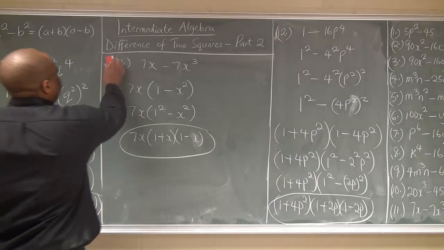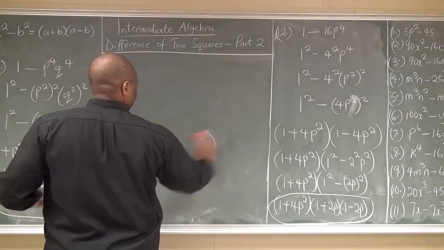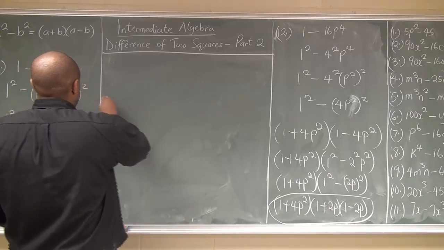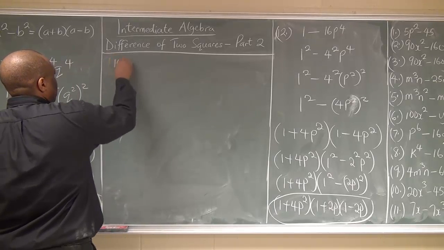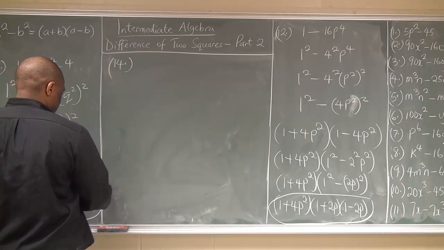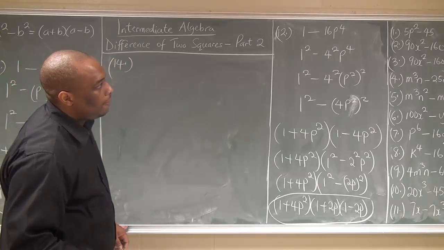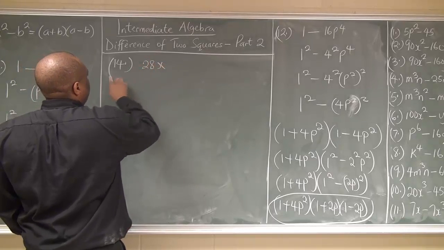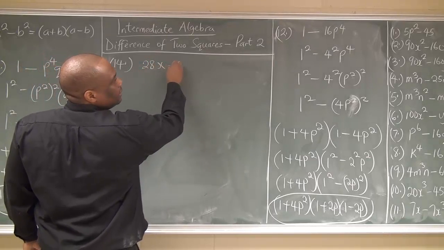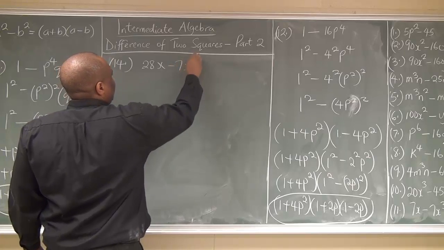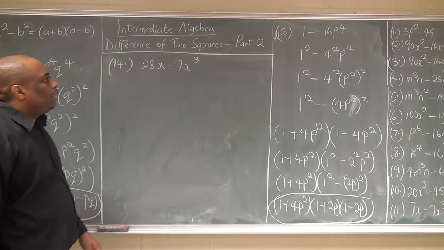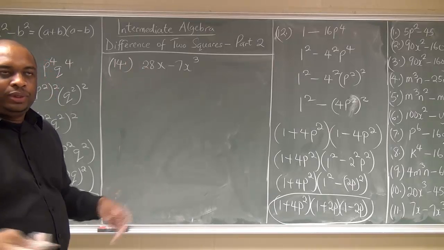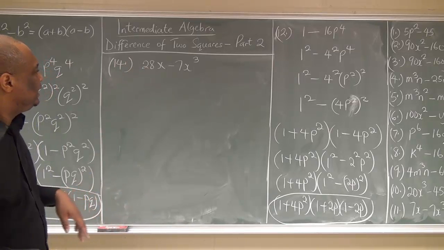Question 14. 28x minus 7x cubed. All right. Here we still do what we do: factor by GCF. What will be the GCF?